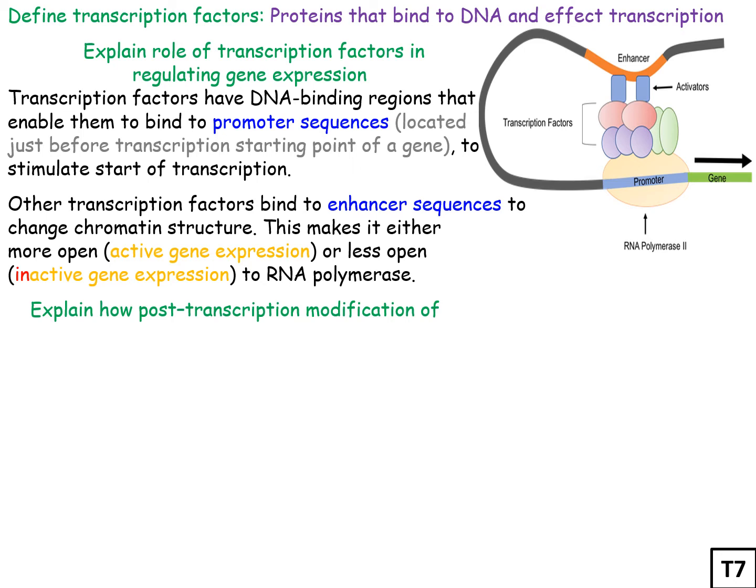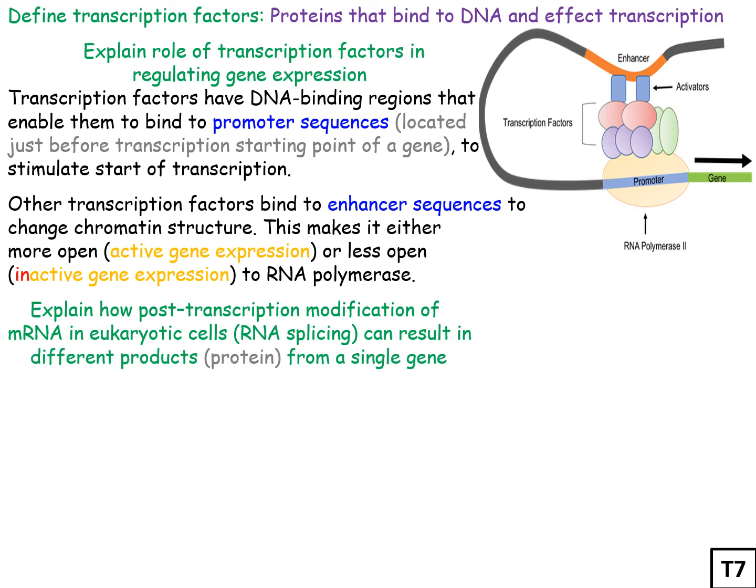Explain how post-transcription modification of mRNA in eukaryotic cells, in other words, RNA splicing, can result in different products or different proteins from a single gene. As we mentioned earlier, a single gene with its DNA sequence could actually code for different proteins because of the way you splice the RNA to produce the mRNA.